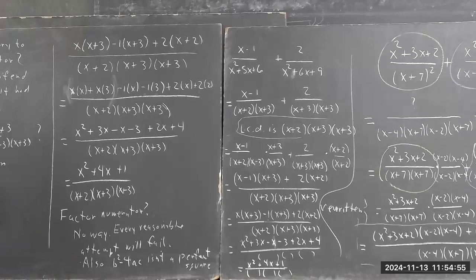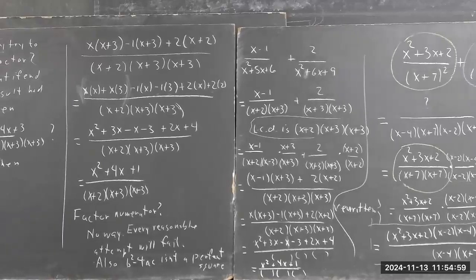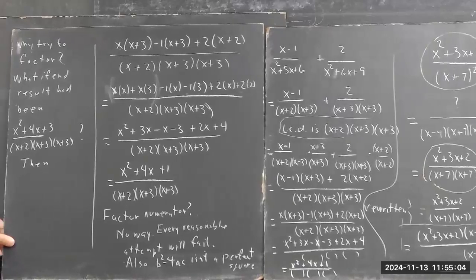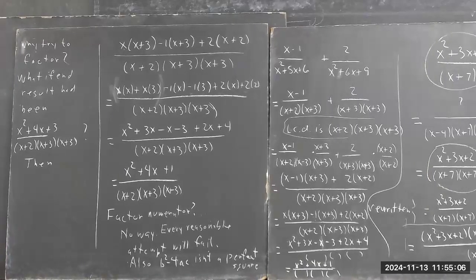What if it had been this? X squared plus 4x plus 3 in the numerator instead of in the denominator. If it had been this, you could factor the numerator.